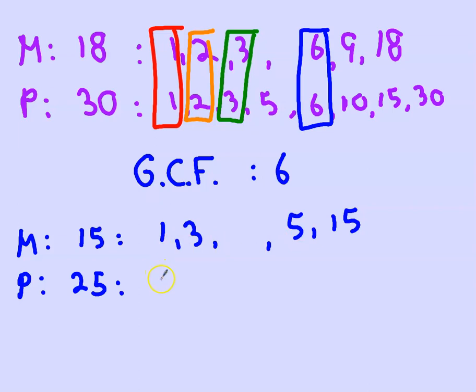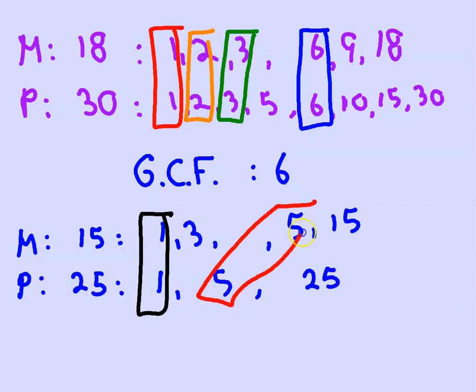How about 25? Well, 1 goes in 25 times. 2 doesn't go in, 3 doesn't go in, 4 doesn't go in, 5 goes in 5 times. So we're done. Okay. So circle the common factors. 1 and 5. And what's the greatest common factor? 5.